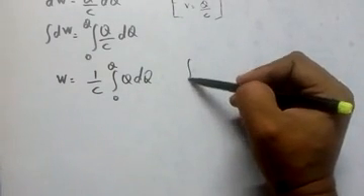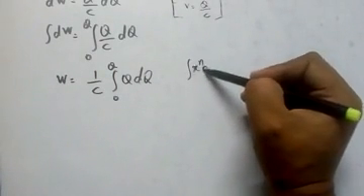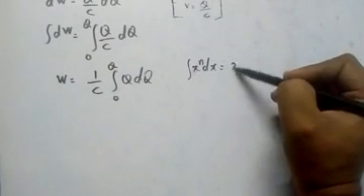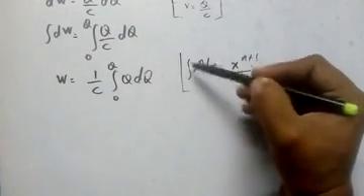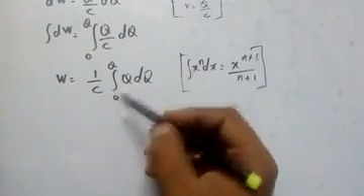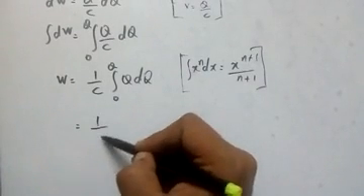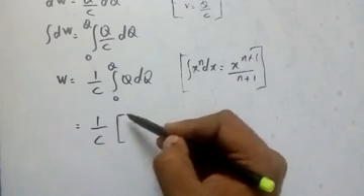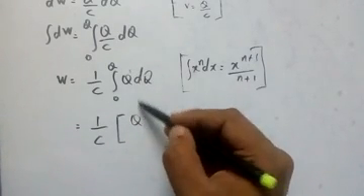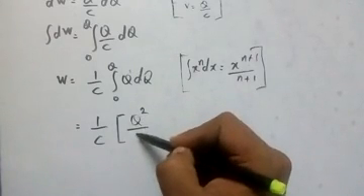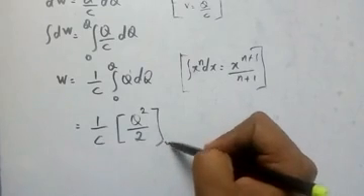We recall the formula: integration of x power n dx is equal to x power n plus 1 by n plus 1. This formula you have to use here. So we have 1 by C into, open a box bracket, Q power, this is actually 1 only now, so 1 plus 1, that's Q squared by 2, limits 0 to Q.